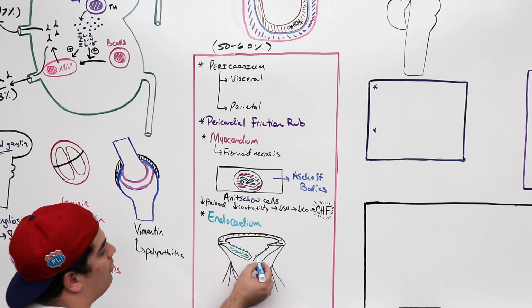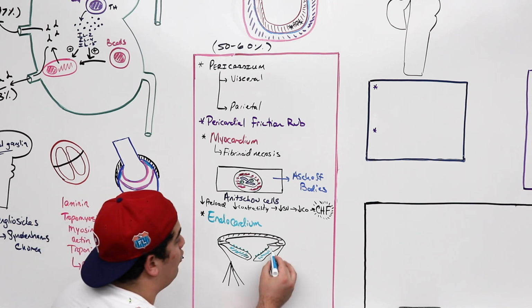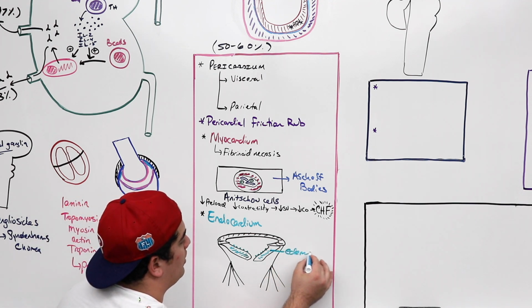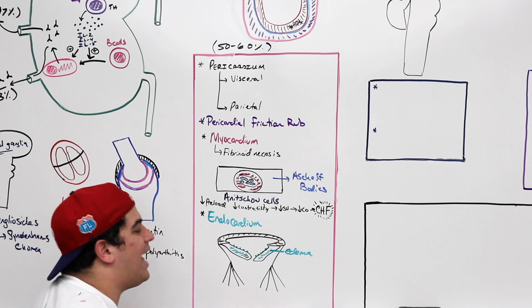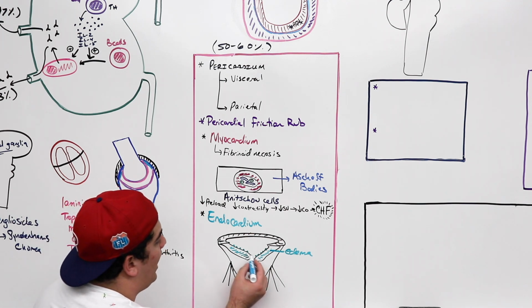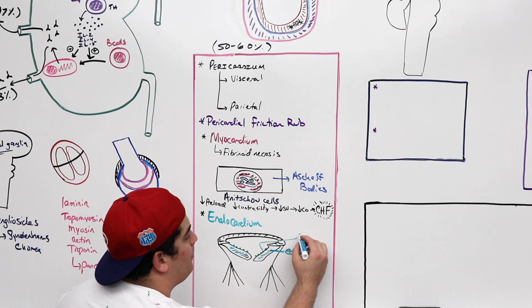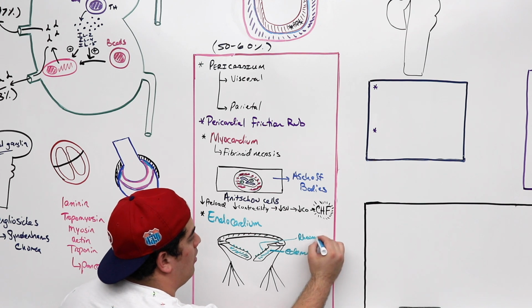So this actual valve is going to become swollen. It's going to have a lot of edema. So the valve will become swollen. There's going to be edema consisting of a lot of inflammatory infiltration, T cells, macrophages, right? You're going to have these things called rheumatic vegetations. So what are these things here? They're called rheumatic vegetations.